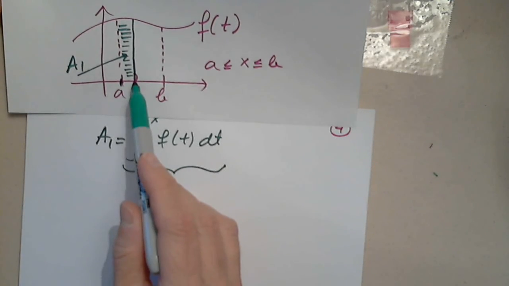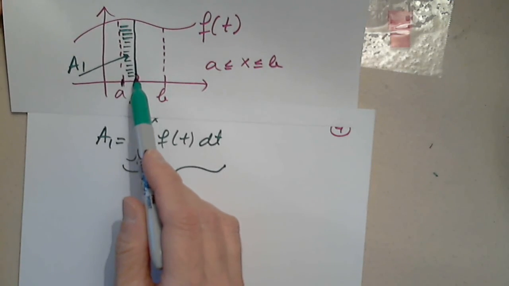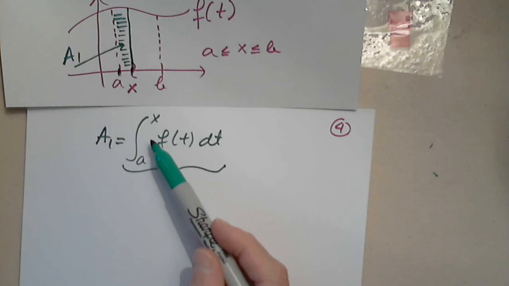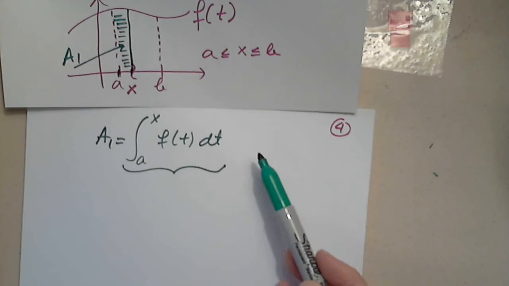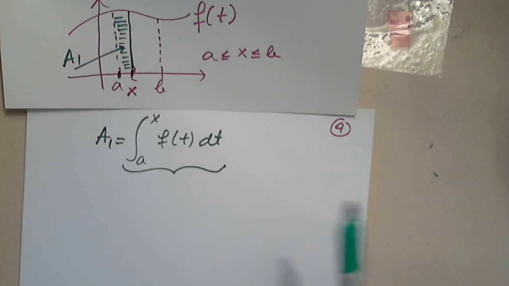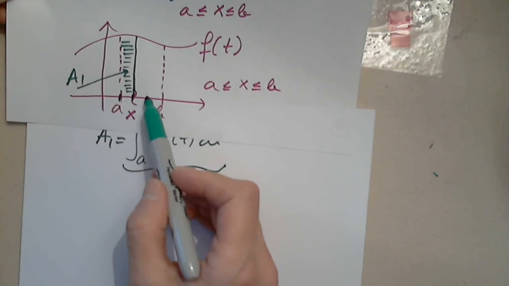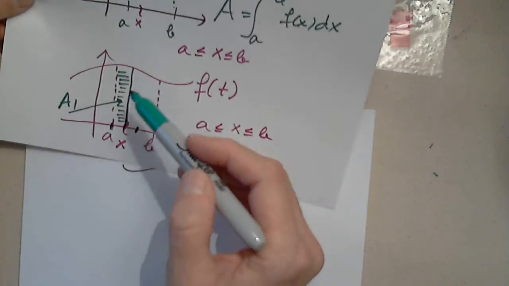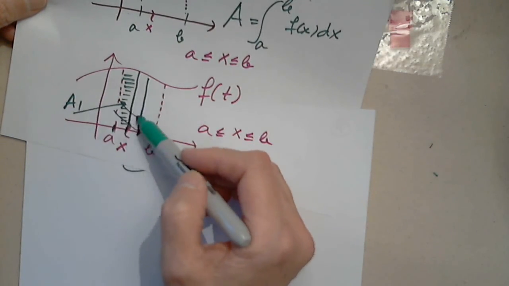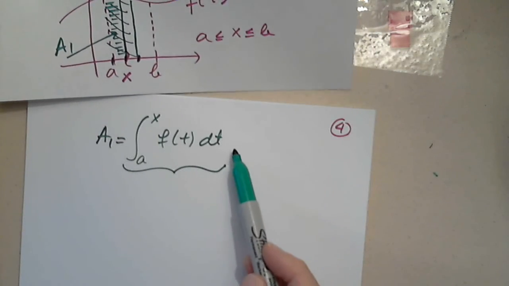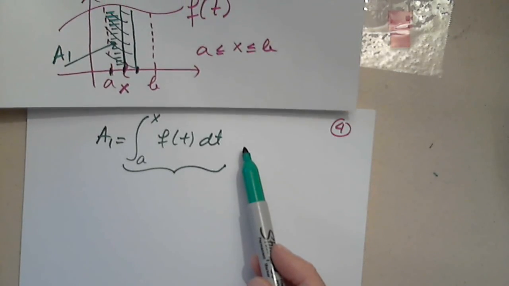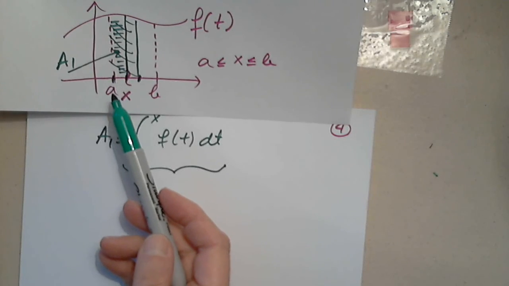But what if x is here now, let's say 1.5? What would be the answer? Just some number. What if I move x here and now the area is this? What will be the answer now? Definitely a different number.